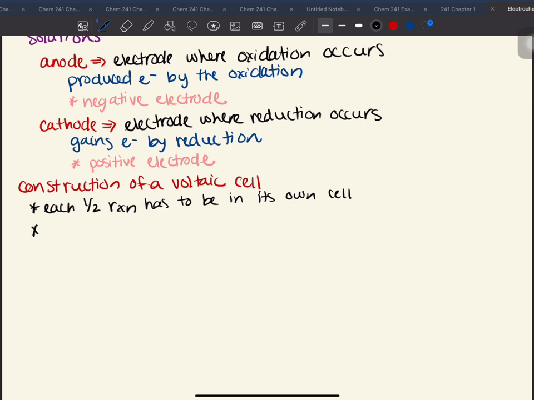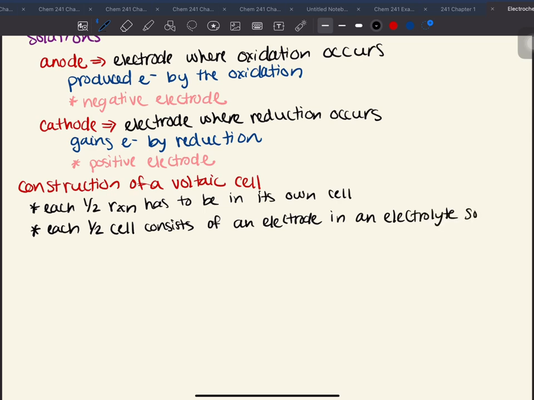Each half cell consists of an electrode in an electrolyte solution.